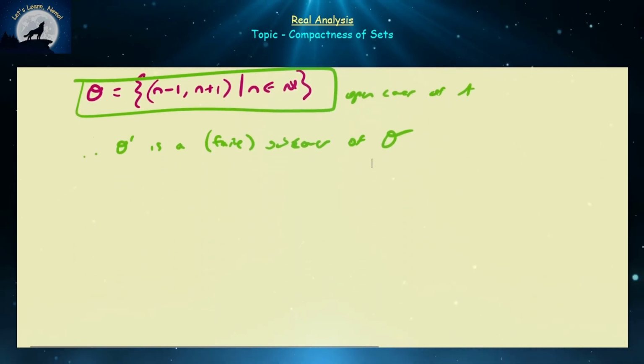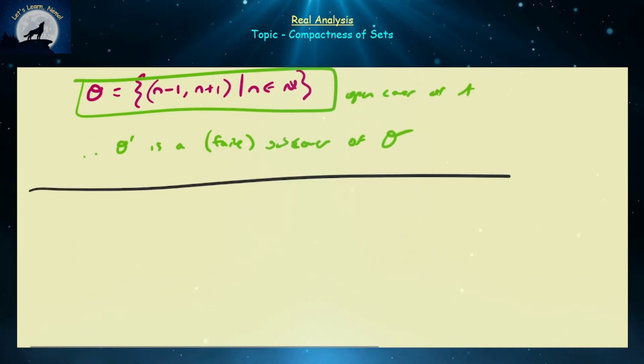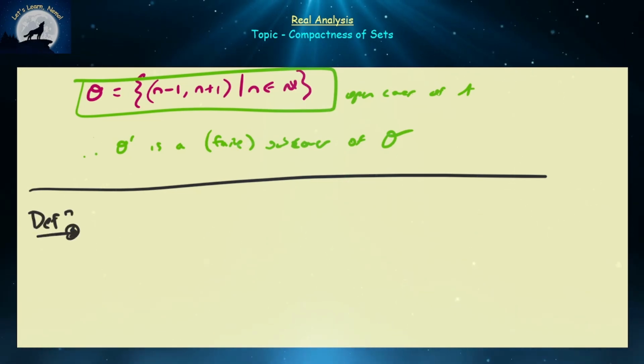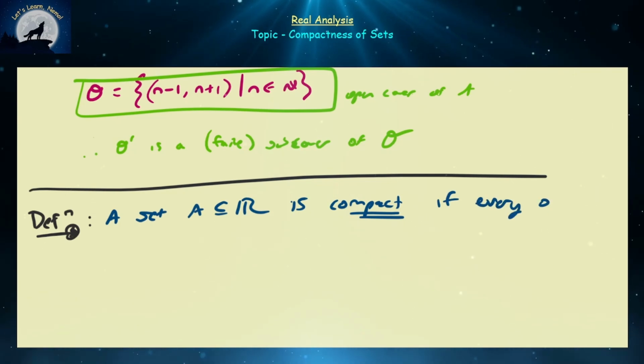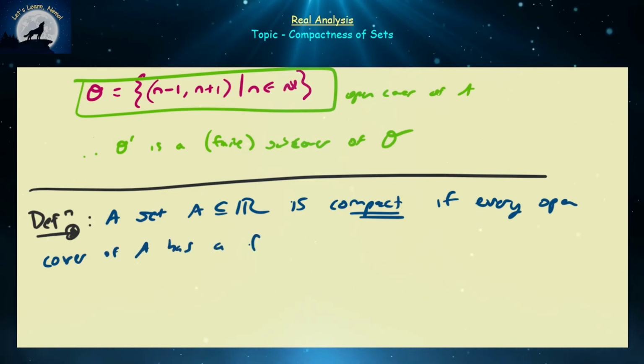Now let us introduce the main concept that we're going to be focusing on today. All right, so definition number 3. This is the superstar. A set A, subset of R, is said to be compact if every open cover of A has a finite subcover.